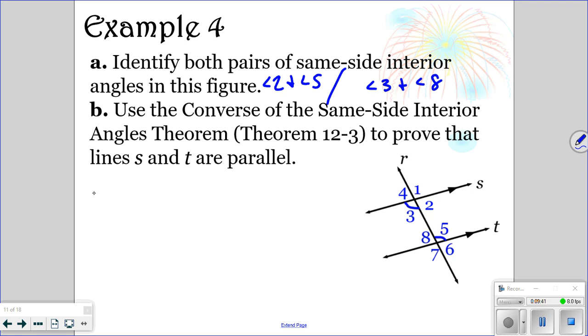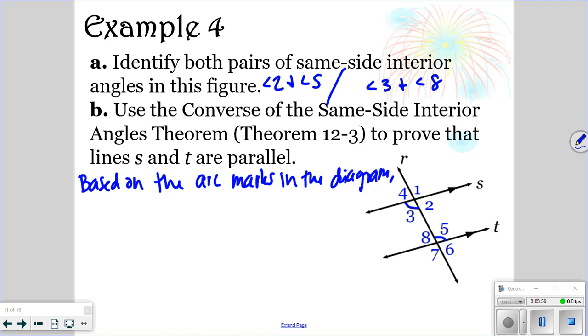So we can say first off, based on the arc marks in the diagram, or in the picture, the measure of angle 3 is congruent to the measure of angle 5.